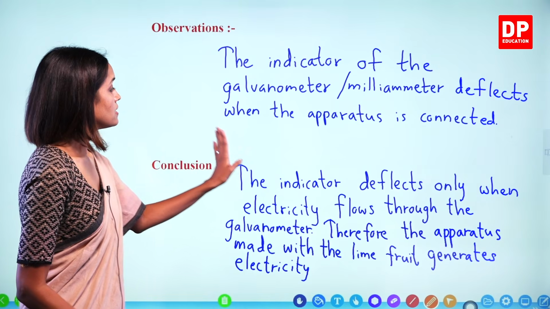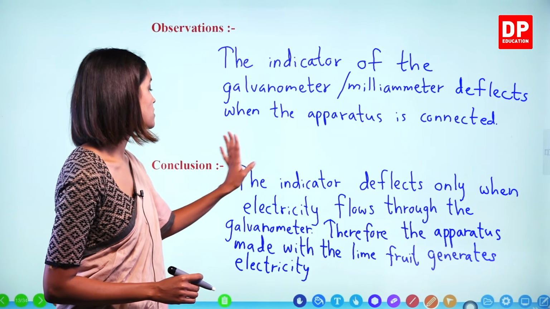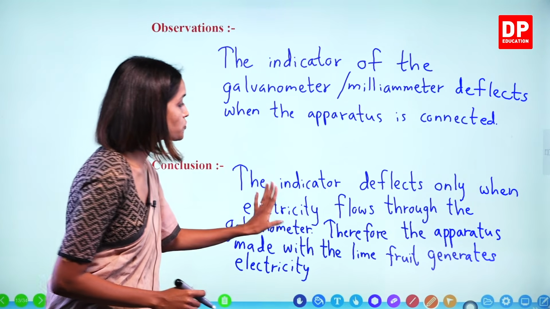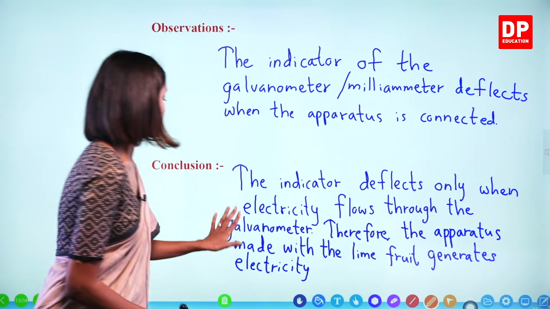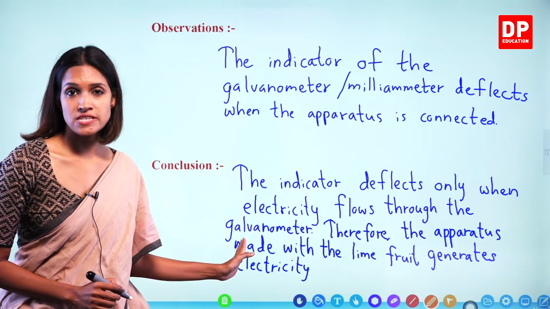Understand? The indicator deflects only when electricity flows through the galvanometer. Therefore, the apparatus or the setup made with the lime fruit generates electricity.